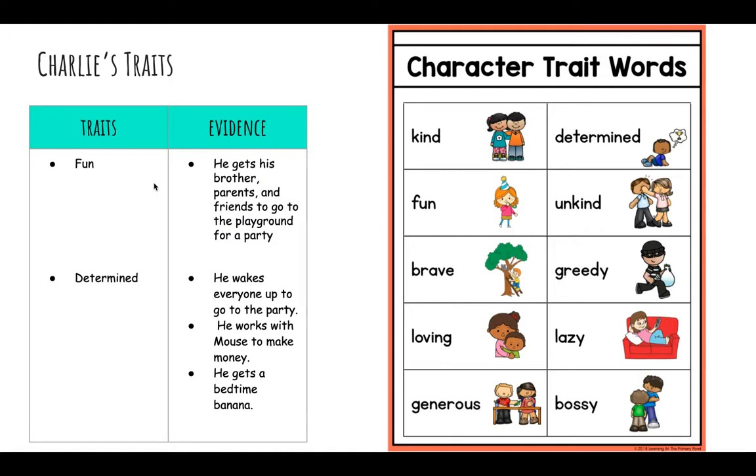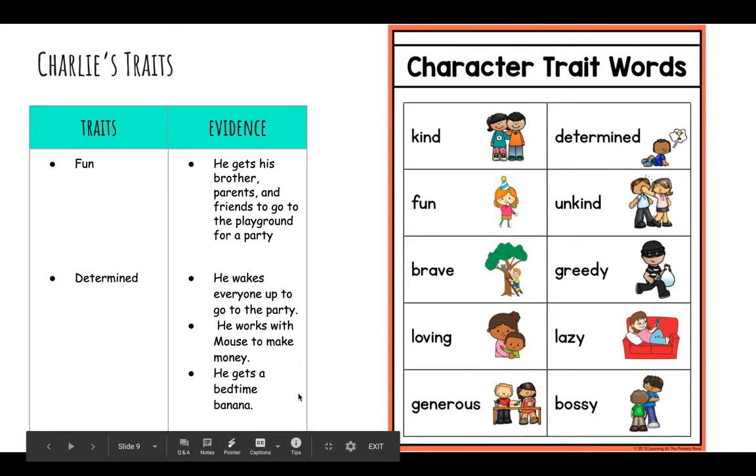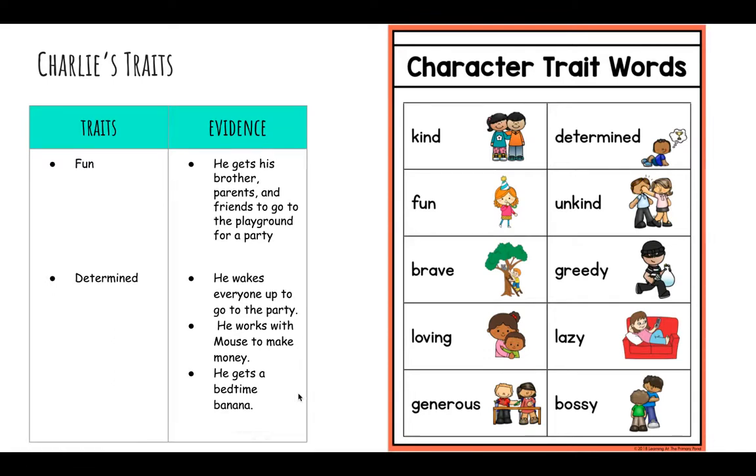We found in our story evidence to prove that he's fun when he gets his brother, parents, and friends to go to the playground for a party. We found evidence that Charlie is determined when he wakes everyone up to go to the party. He works with Mouse to make money, and he gets a bedtime banana.